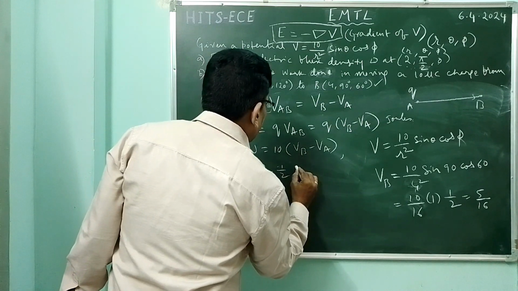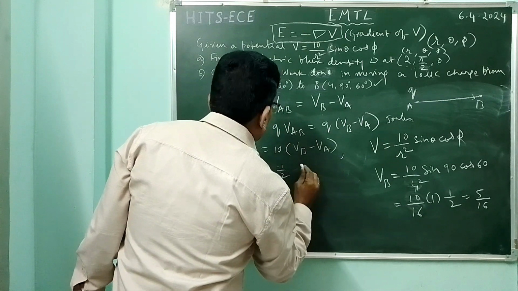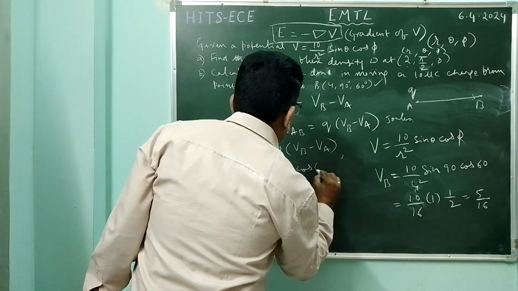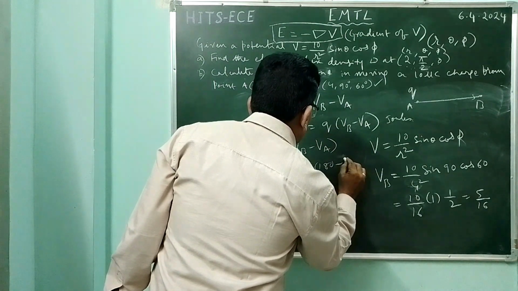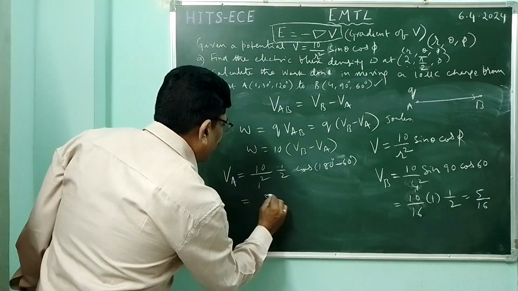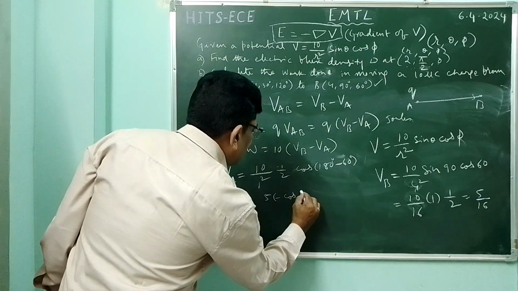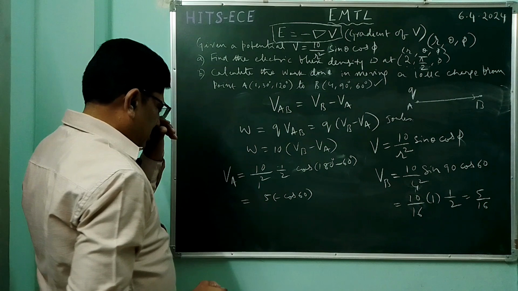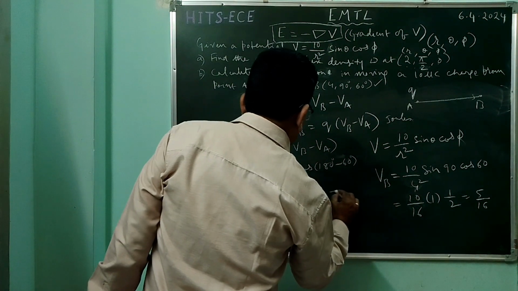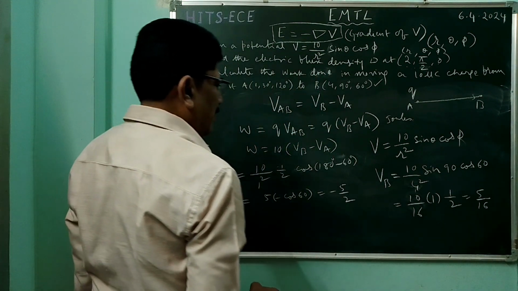Cos 120 is cos of 180 minus 60, which is minus cos 60. Cos 60 is 1 by 2. So it is minus 5 by 2.